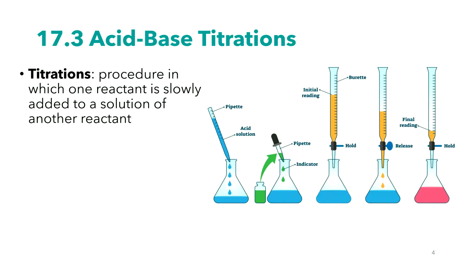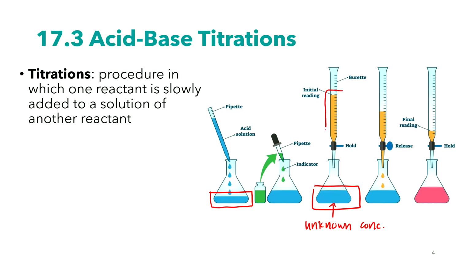So a titration is a procedure in which one reactant is slowly added to a solution of another reactant. In this case, this is showing us an acid solution to which we added an indicator. Remember that we were going to talk about the chemistry of indicators at the end of lecture. It's something that's going to change color at a certain pH. Usually this is unknown concentration, and this is known.